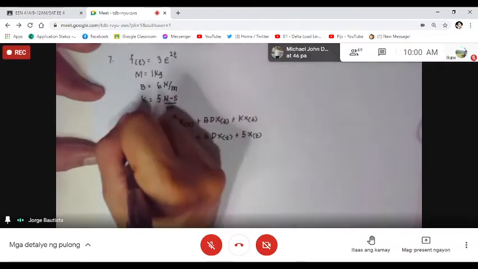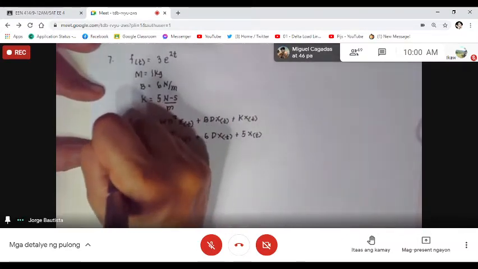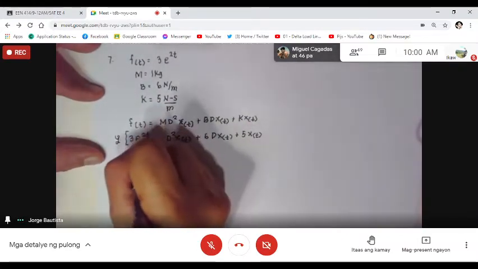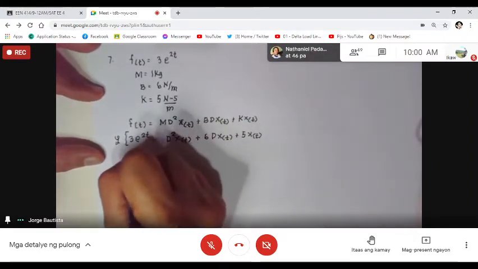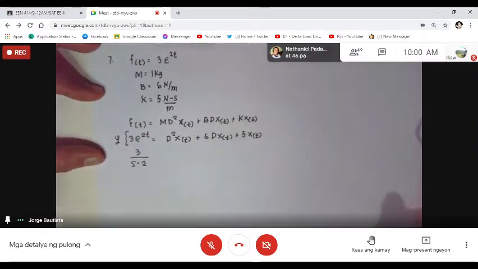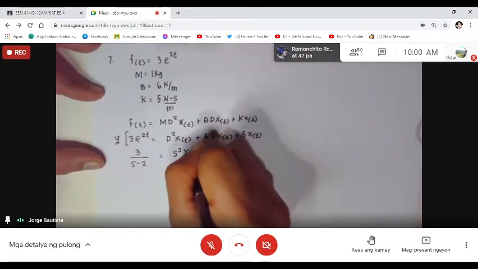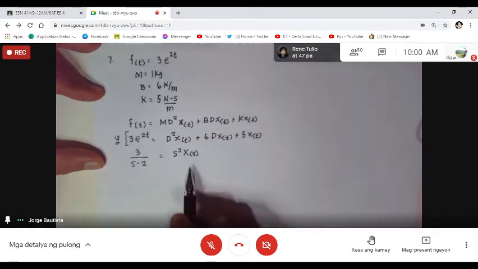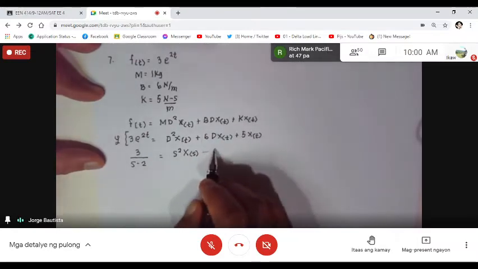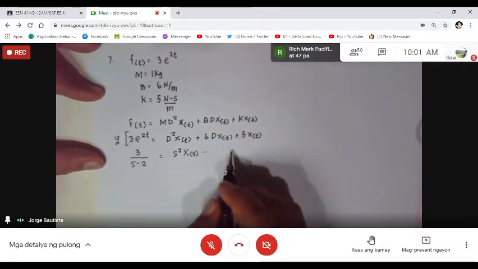Take the Laplace, that is 3 over s minus 2. Okay? So that is s squared x sub s. So yung condition niya 0, so this one should be minus s raised to 1 b of 0 s of 0.